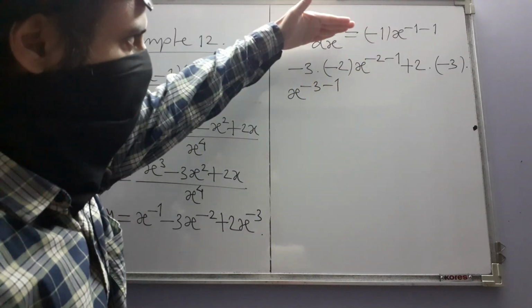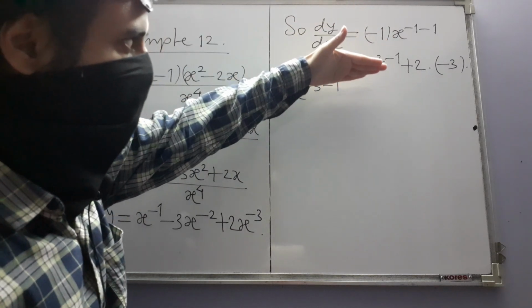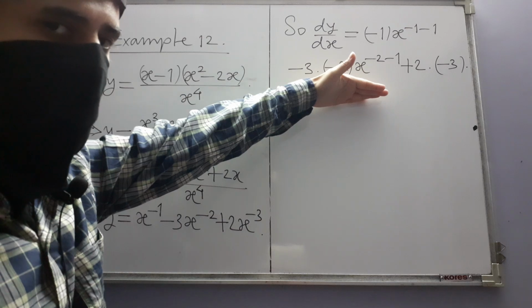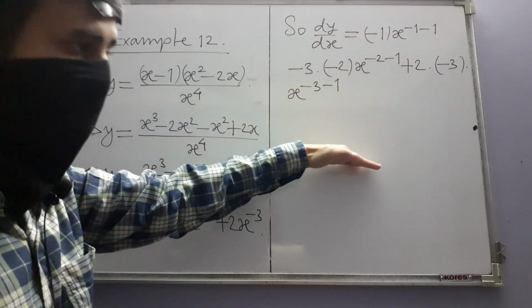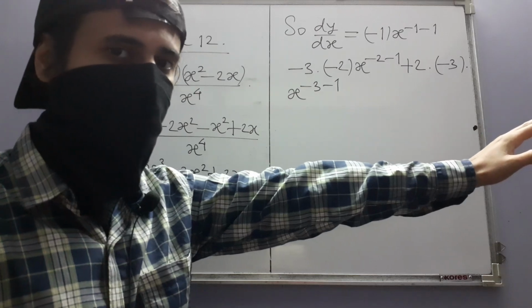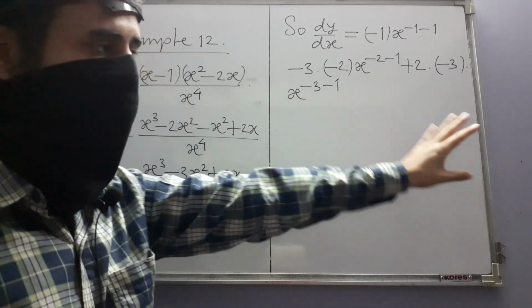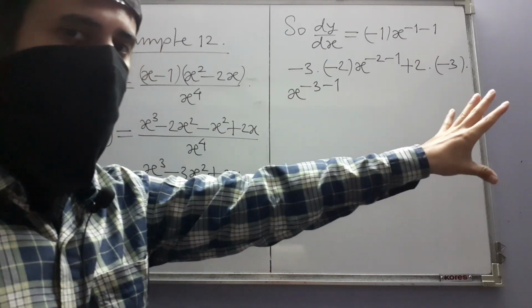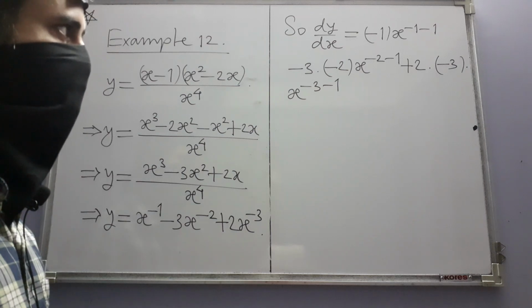That means you write one line here, after that you write the next line, and then the next line below that, so that you have some space on the right hand side where you can write the uses of the rules.